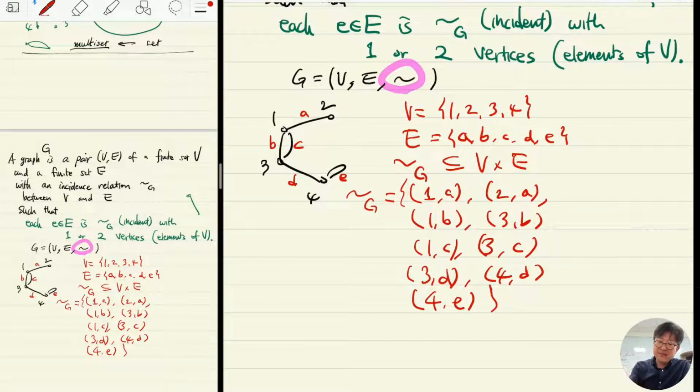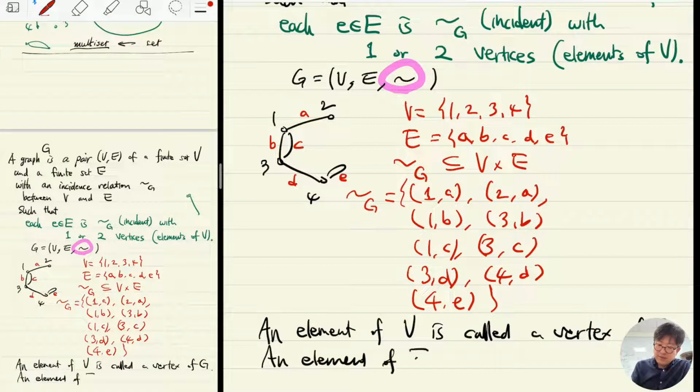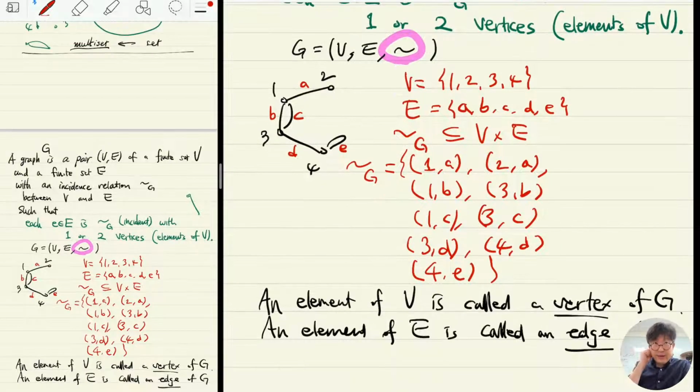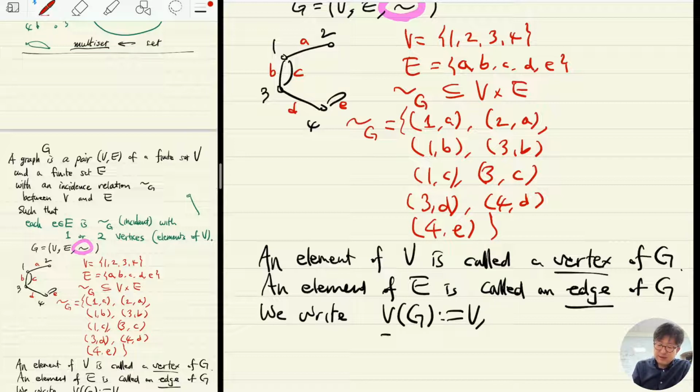I didn't say what a vertex is. An element of V is called a vertex of G. An element of E is called an edge of G. We write V of G to denote the vertex set, and E of G to denote the edge set.